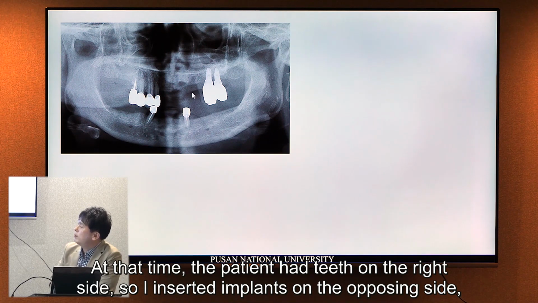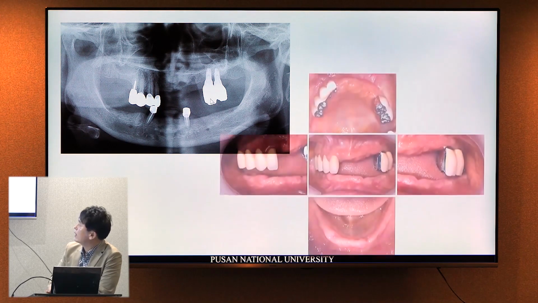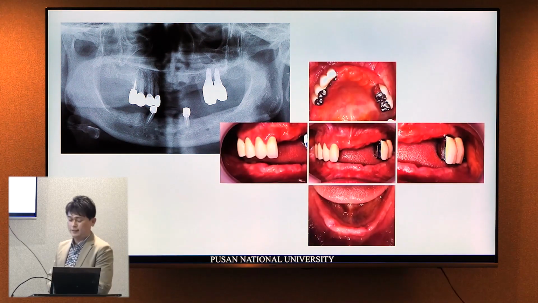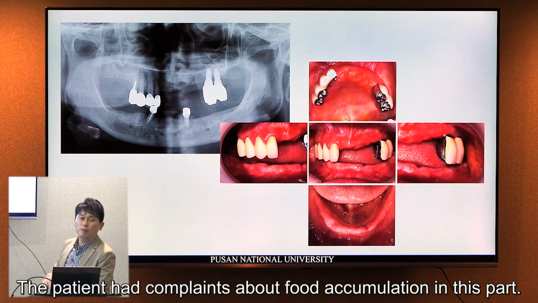So I inserted implants on the opposing side, considering symmetry, and inserted 2 implants like this and made the surveyed crown. But at that time, I was very sorry to the patient, because the patient had a complaint about food accumulation in this part.